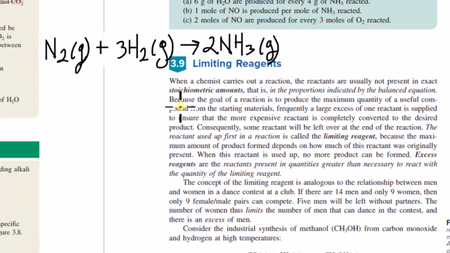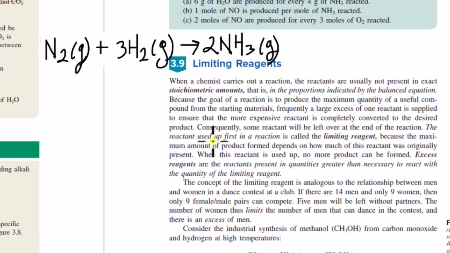Okay, it says, because the goal of a reaction is to produce the maximum quantity of a useful compound from the starting materials, frequently a large excess of one reactant is supplied to ensure that the more expensive reactant is completely converted to the desired product. Consequently, some reactant will be left over at the end of the reaction.